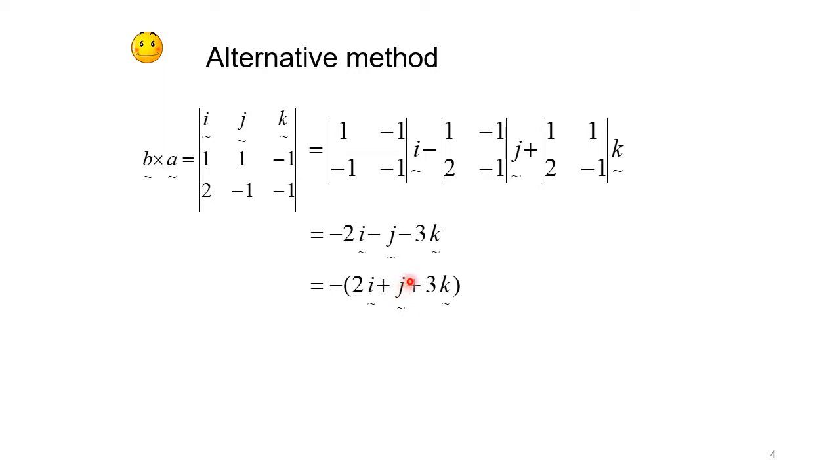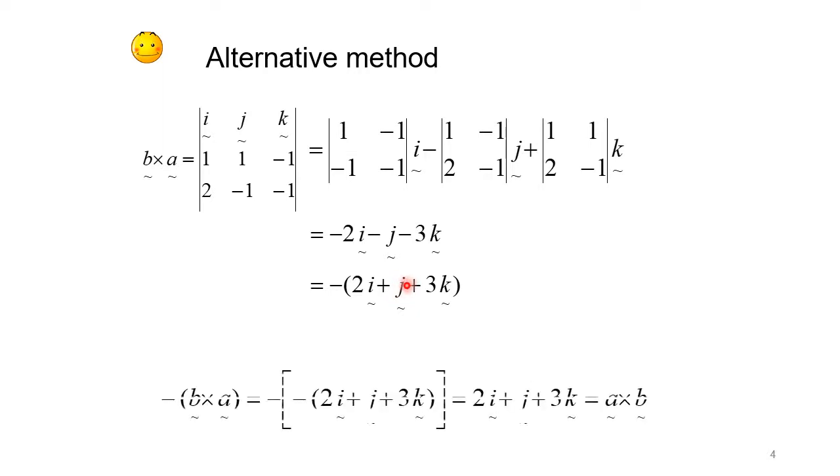When we compare with A cross B, it is actually A cross B. So we can conclude also that A cross B is actually the negative of B cross A. This is the second method. It's up to you which method you want to use. Personally, I suggest we use the first method.